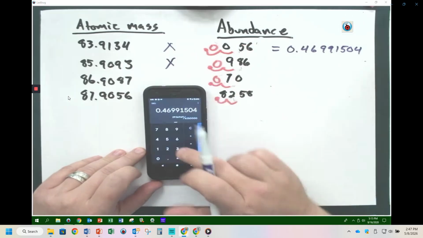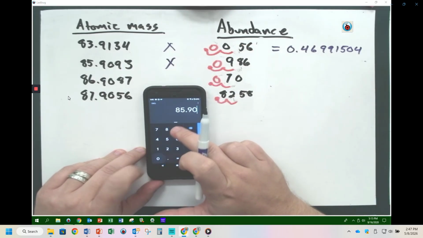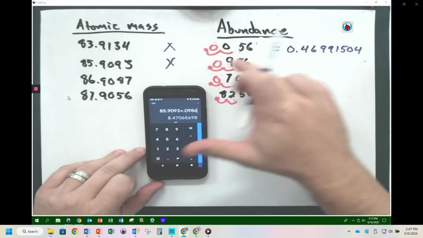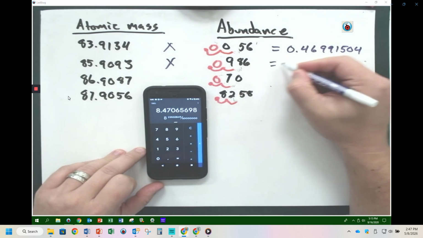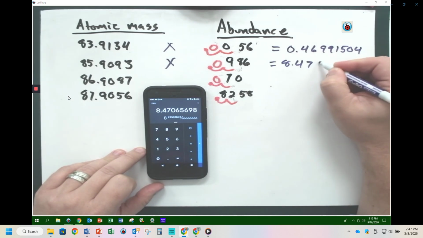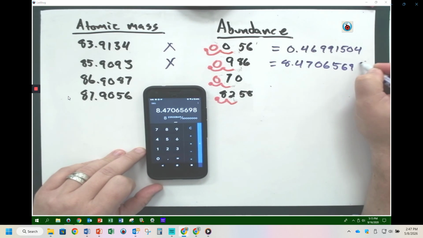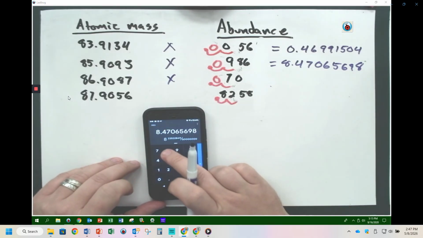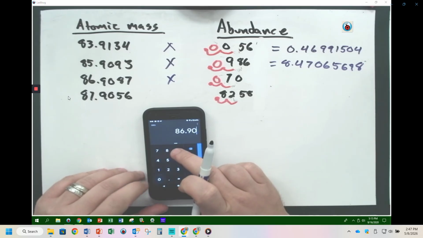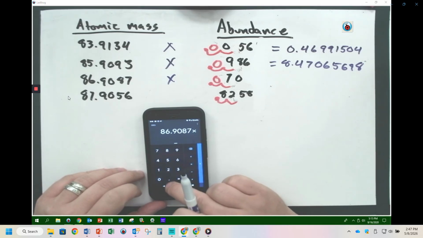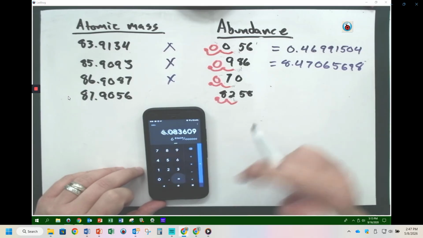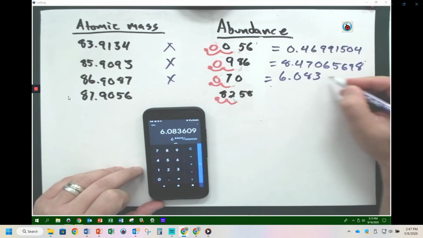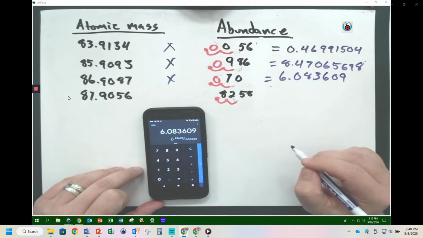Now the second one, I'm going to do 85.9093 times 0.0986. So mass times the abundance. And that gives me 8.47065698. And I do the next one. 86.9087 times 0.070 equals 6.083609.